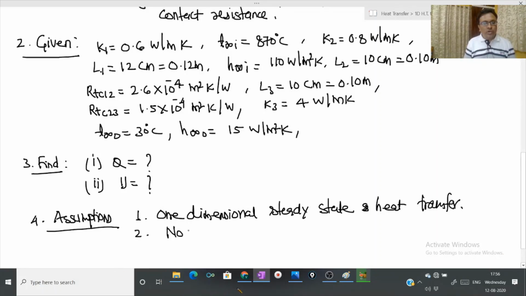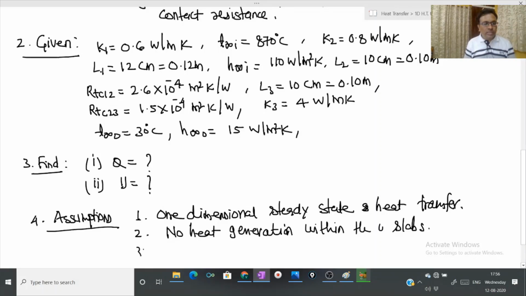Number two, let's say there is no heat generation within the walls, within the slabs.